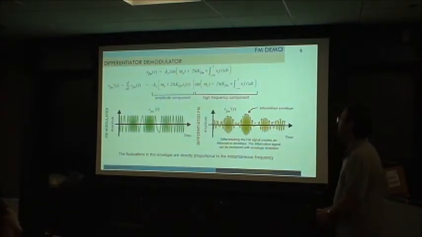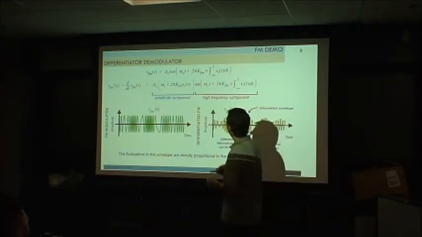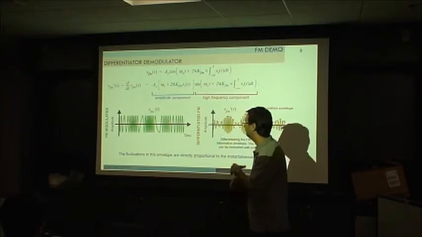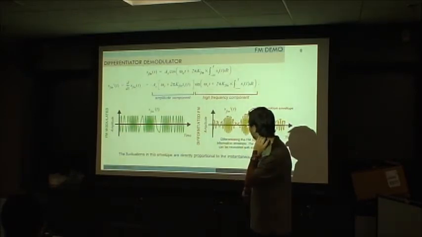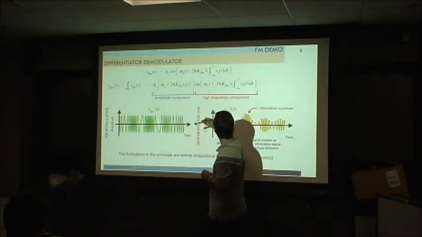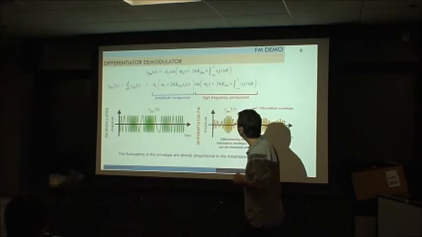So, let's say this is our signal, the signal that is on the air. If we think about it just mathematically and differentiate that signal, this will be the signal that we have.